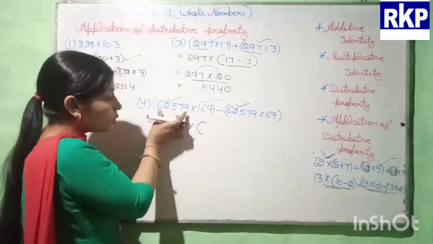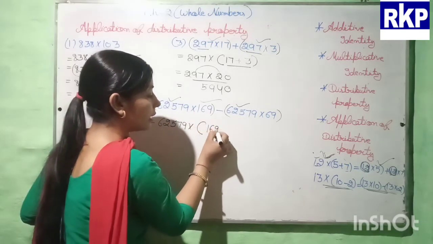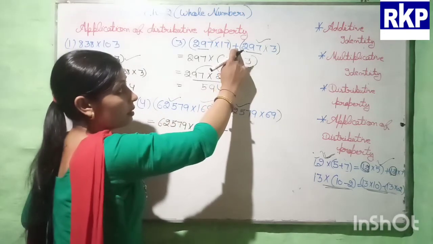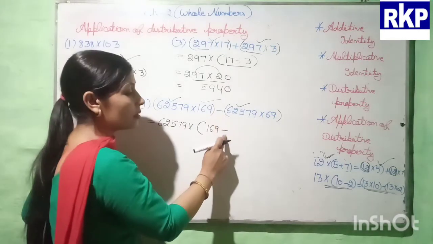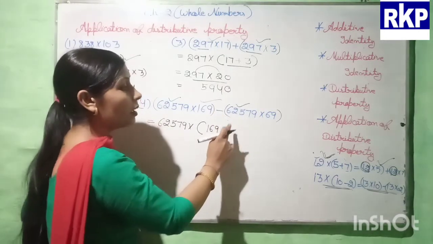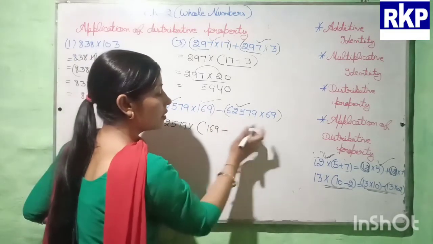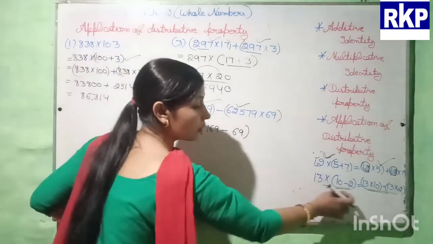Because this we have taken as common. So here 169 is left, then the sign of subtraction. Here is written an addition symbol, but here subtraction. So here the sign of subtraction. Now this is common, and from here 69 is left. So like this we have to write.